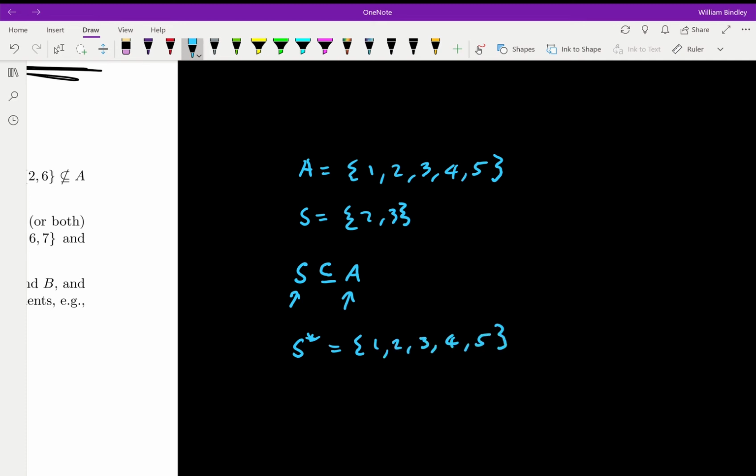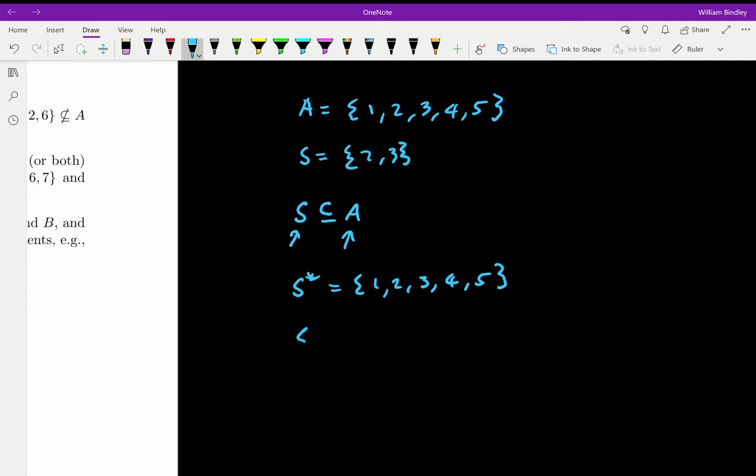Well, is every element that's in S star also in A? Well, yes, it is. So we could say that S star is a subset of A. It satisfies this subset relation. So this line underneath is like leaving open the possibility that the set on the left-hand side just is the set on the right-hand side. But contrast this with our other set S, which just contains 2 and 3.